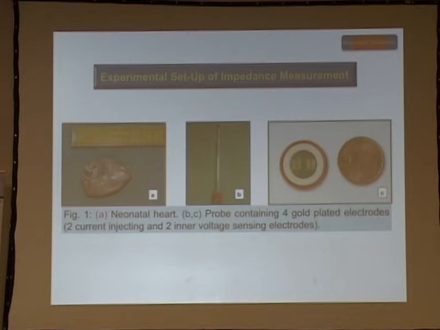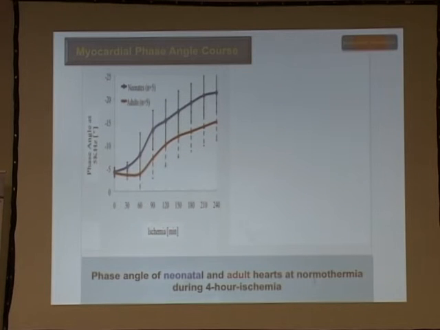So, what happens now? Our first experiments have been performed at normothermia, and we looked at 4-hour ischemia. And it is obvious there is a difference between the neonatal and the adult heart.